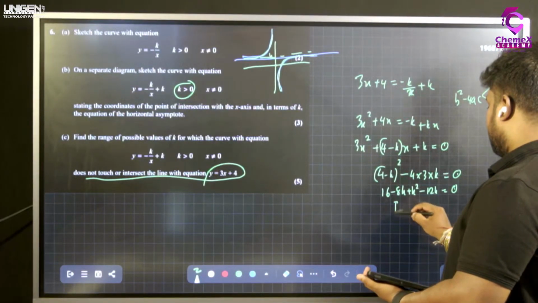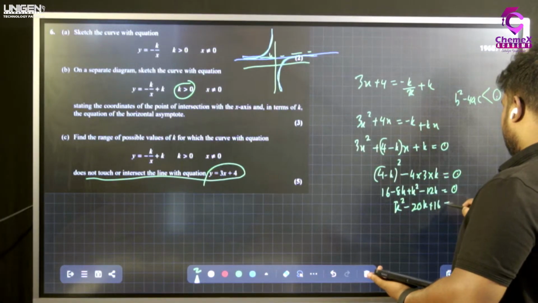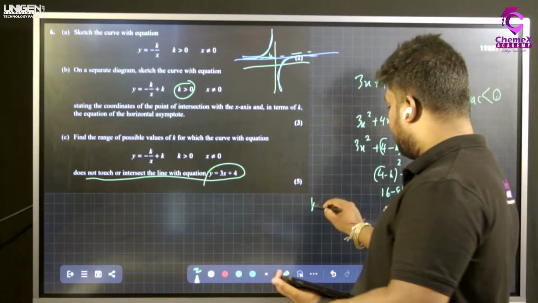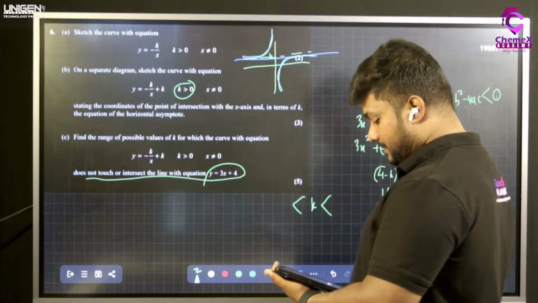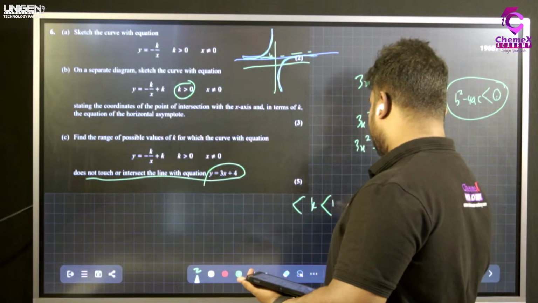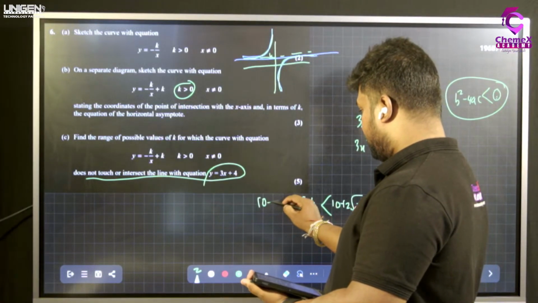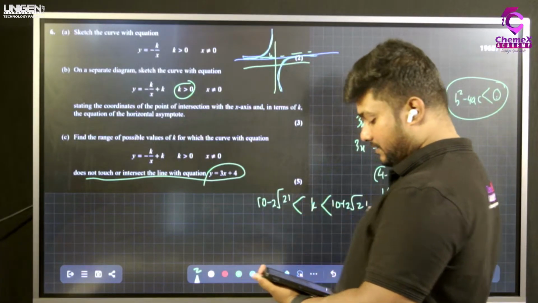Then k squared minus 20k plus 16 equals 0. So what are the answers for k? k equals 10 plus 2 root 21 and 10 minus 2 root 21.